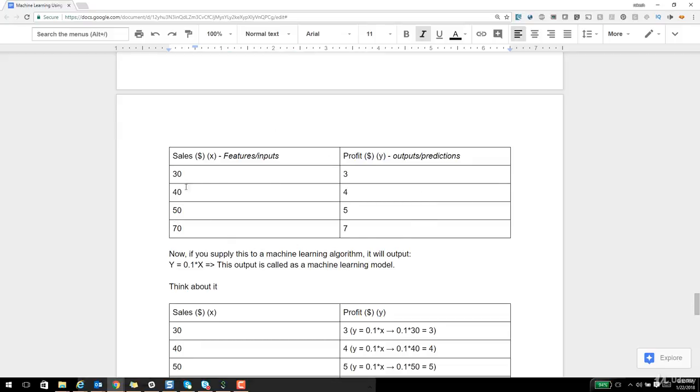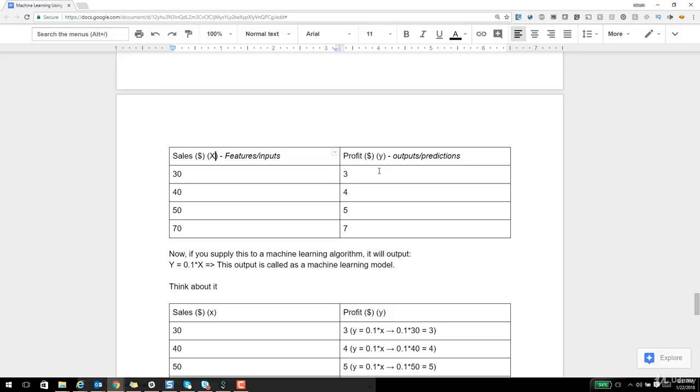You have sales, which are $30, $40, $50, $70, and you have the corresponding profit, which is $3, $4, $5, and $7. For sales, we are going to call it uppercase X and profit lowercase y. Don't worry about why I'm calling it uppercase X and lowercase y. We will cover that in detail in the next lecture.